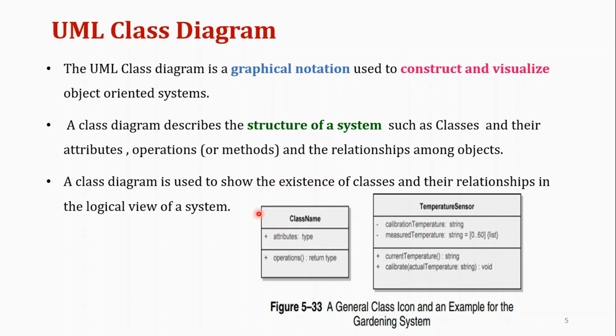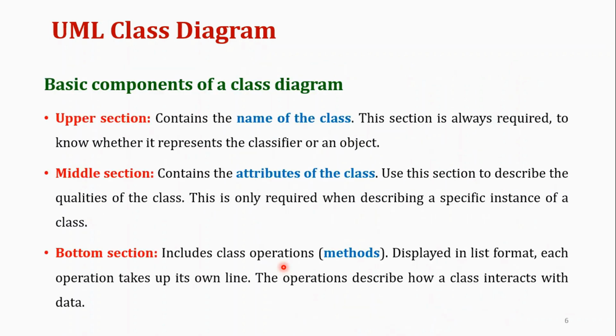It is a rectangular box with 3 sections. The first one is the class name, the second part is attributes, which are variables, and the third one is functions or operations. So that is what the class diagram is. Let us see the parts of a class diagram. The upper section is the name of the class, the middle is the attributes or variables of the class, and the bottom is the operations or methods of the class, which define how the objects interact with the attributes of the class.